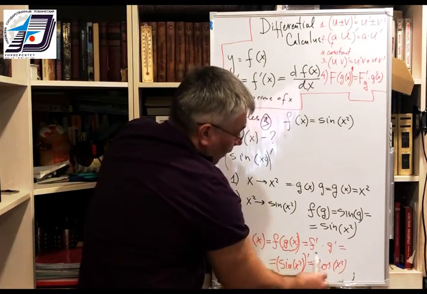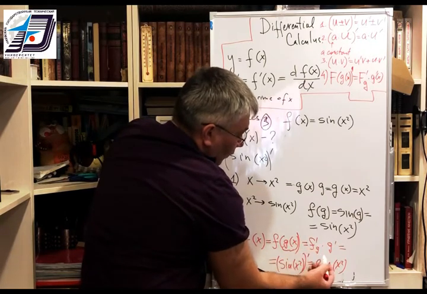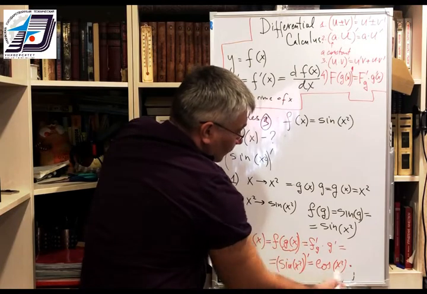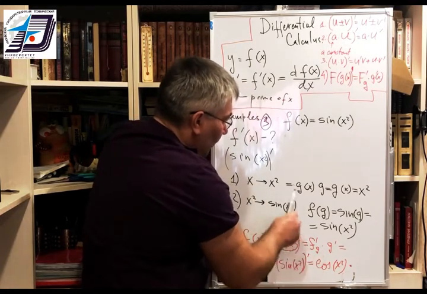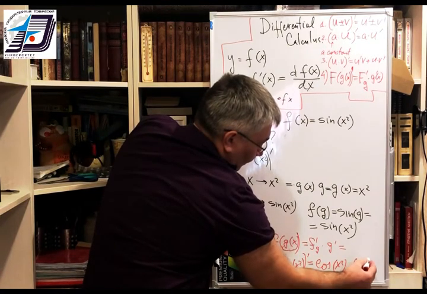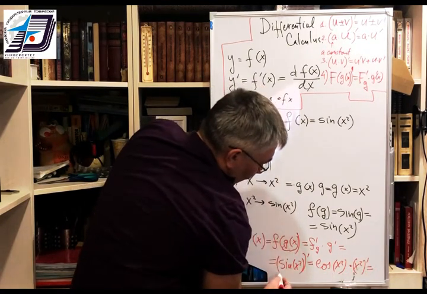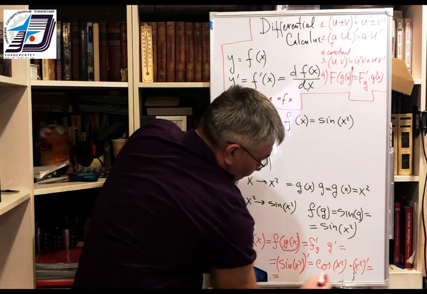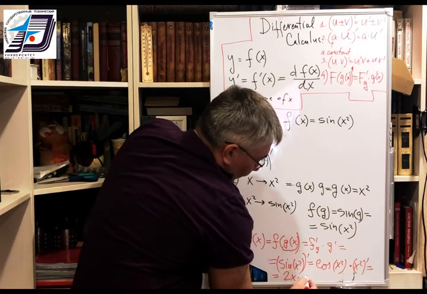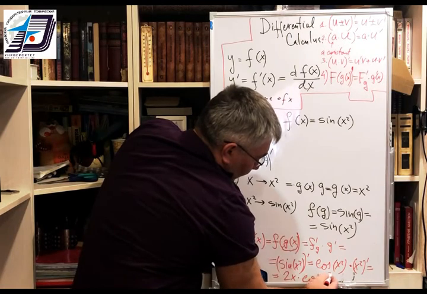With respect to g, where g is x squared, cosine of x squared times the derivative of g of x, which is x squared over x. And you have finally derivative of x squared, 2x times cosine x squared.